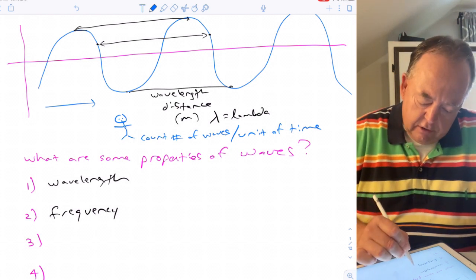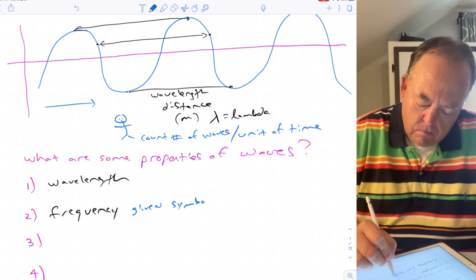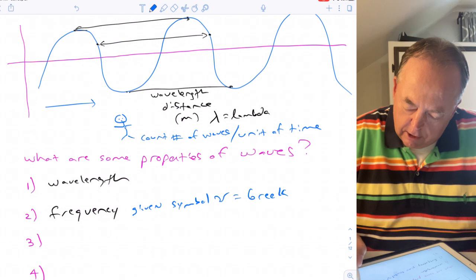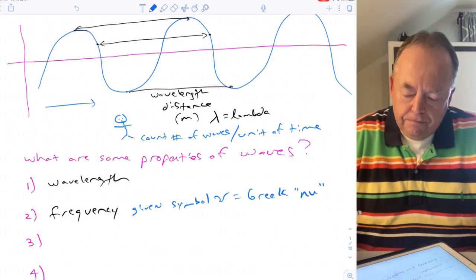It's given a symbol, it's the best I can draw it, that's the Greek symbol nu.